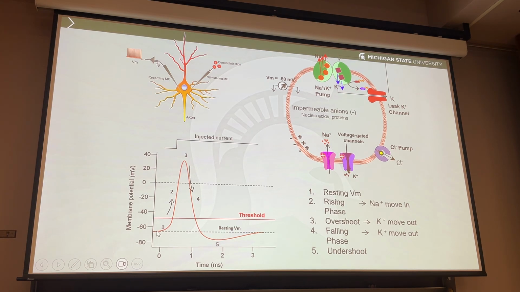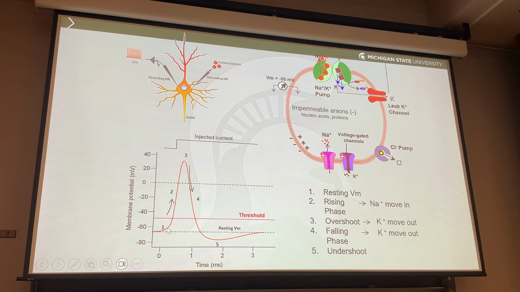But then the rising phase happens due to an influx of cations, causing a trigger. And what happens is once this membrane potential starts to shift towards the positive, you see this threshold value here.